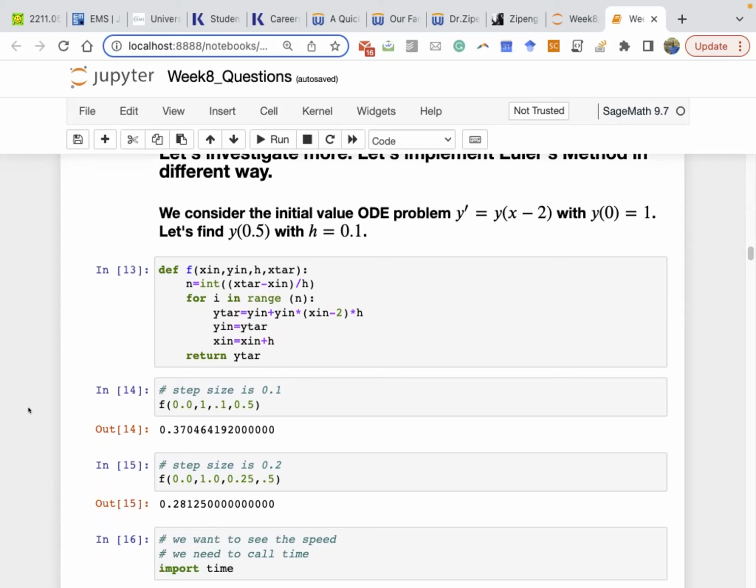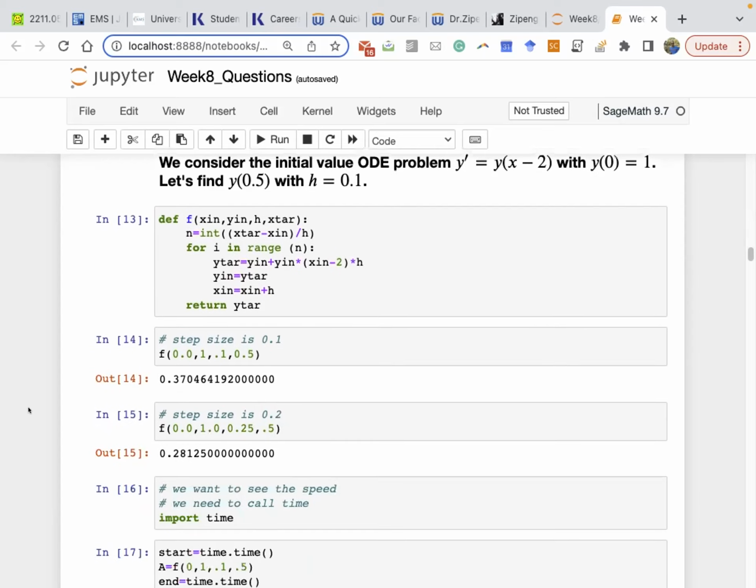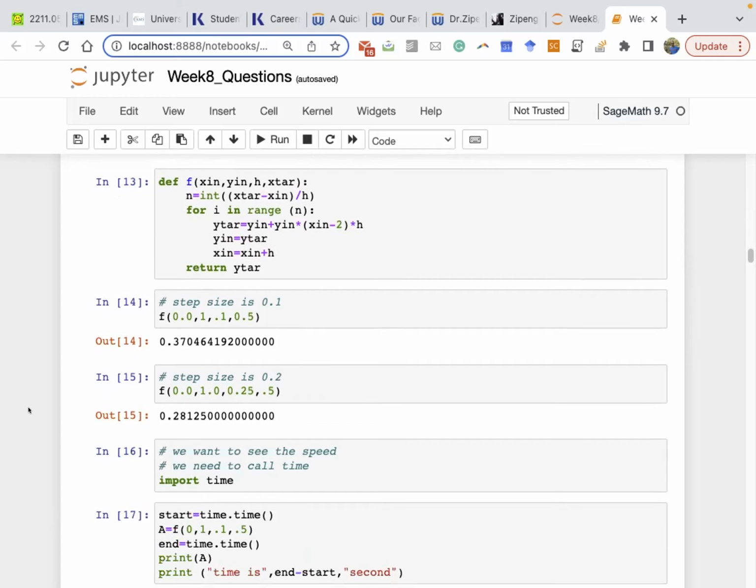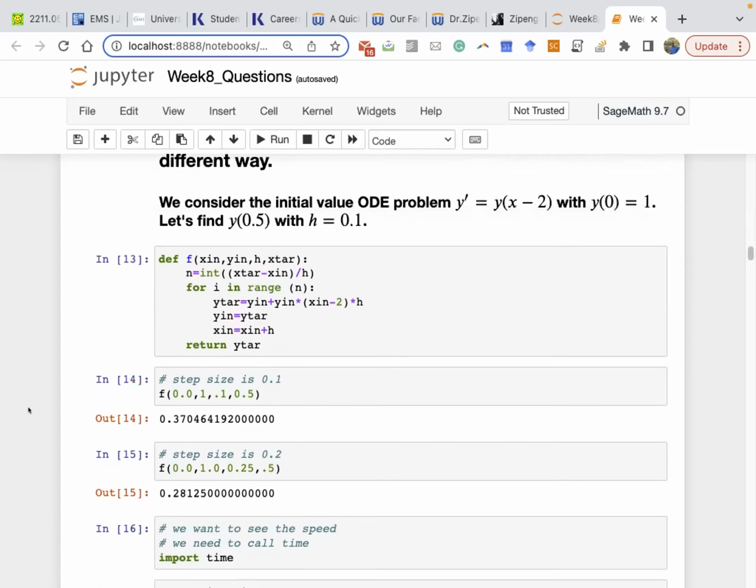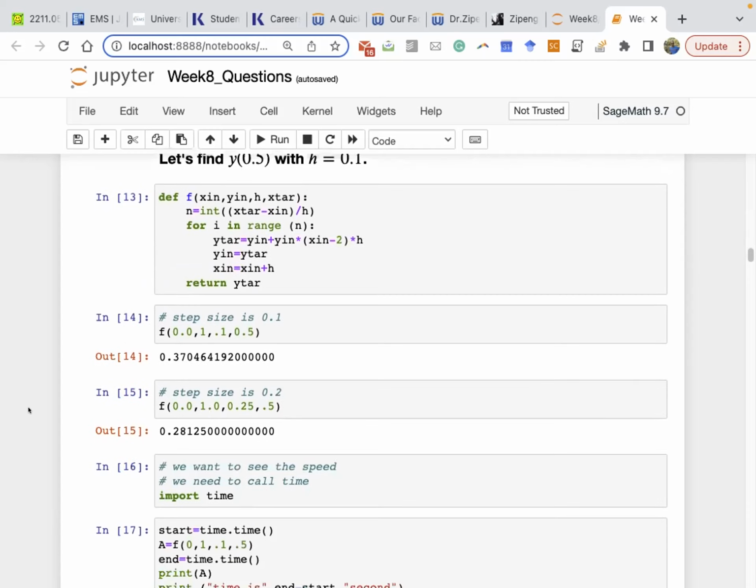Here I've got initial value of x, initial value of y, step size, and target x. So what is this? Integer of target x minus initial x divided by h. Simple loop. Okay. And if I have this one, y of 0, y of target, y of 5/10, step size 1/10.